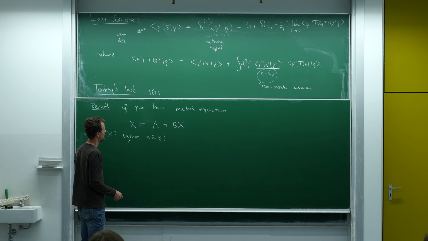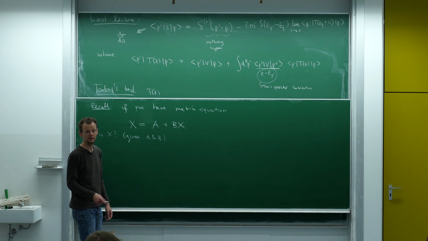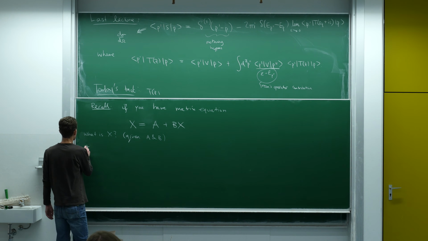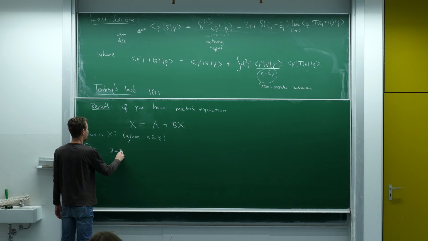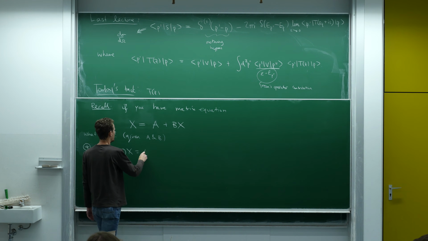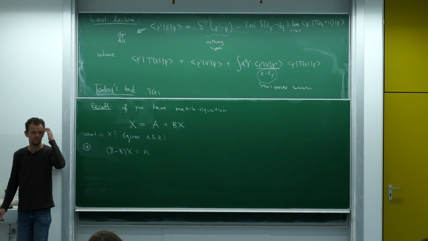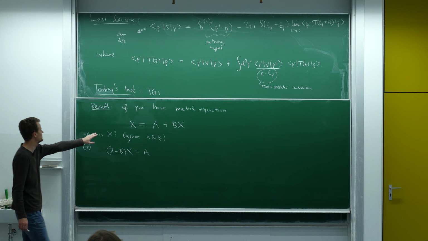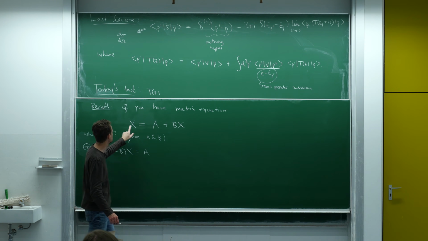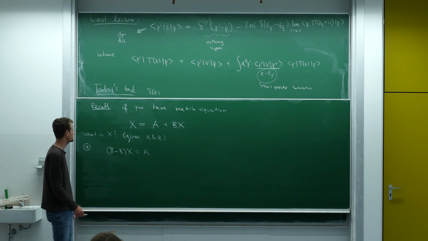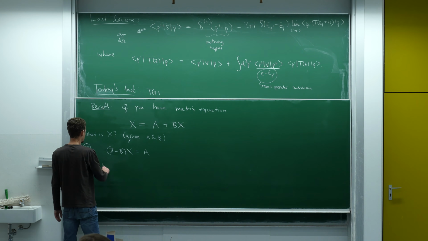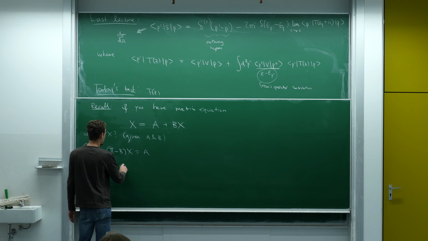One of them is you can just divide out by b, and then you'll get x. Let's have a look. I've just rearranged the equation. I've subtracted bx from both sides, so that's the same matrix equation here. What's x? Well, everyone knows what x is, right? You just divide by the inverse.